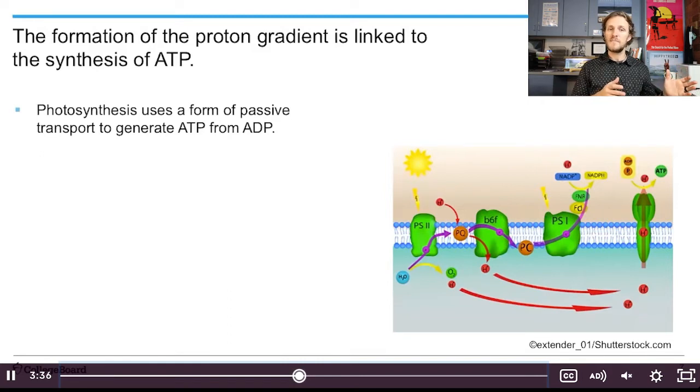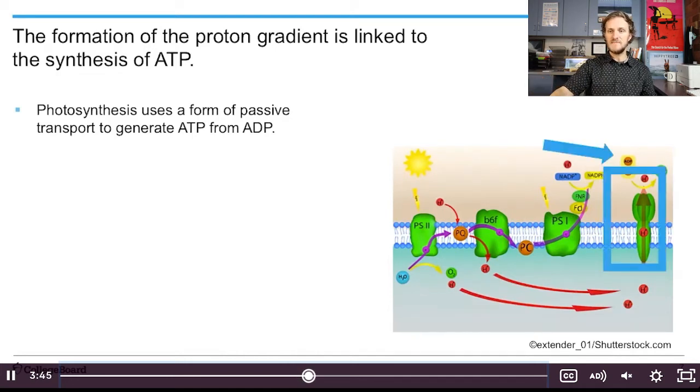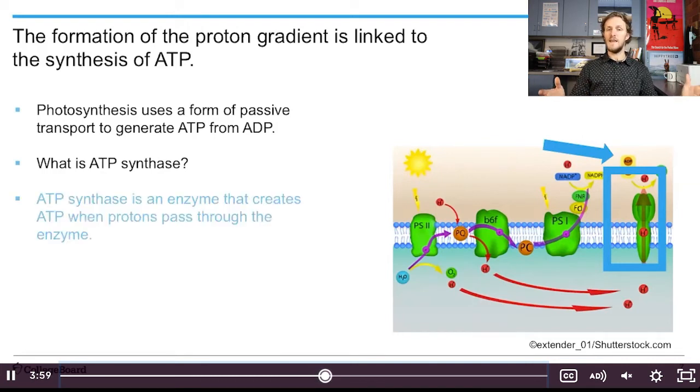It's used in passive transport, just simple diffusion of these protons through this enzyme, ATP synthase here. So we're building up lots of hydrogen ions, a big concentration, which pass through the ATP synthase, and the ATP synthase is an enzyme whose job is to make ATP, thus ATP synthase.